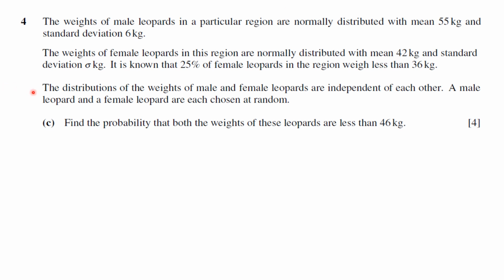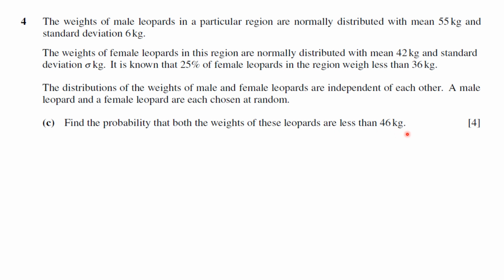So it says the distribution of the weights of the male and female leopards are independent of each other. A male leopard and a female leopard are each chosen at random. Find the probability that both the weights of the leopards are less than 46 kgs.